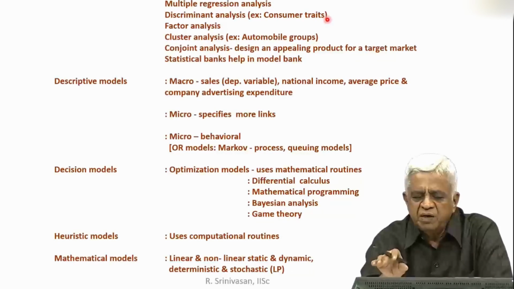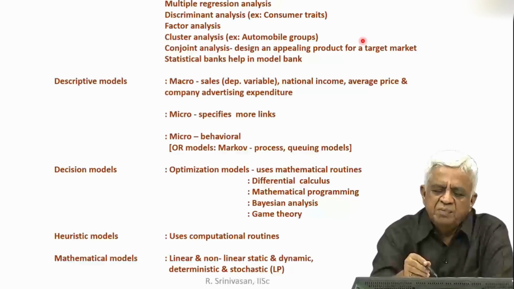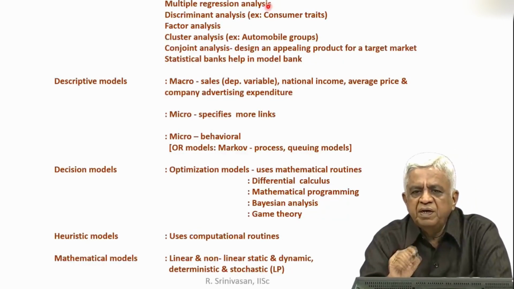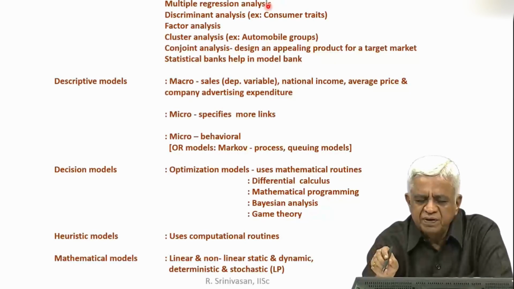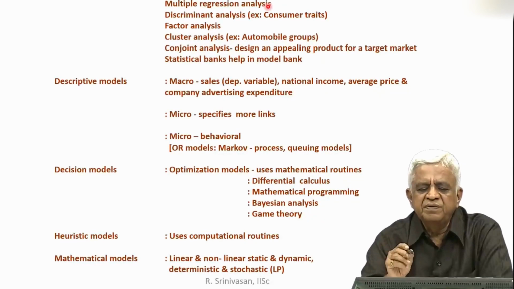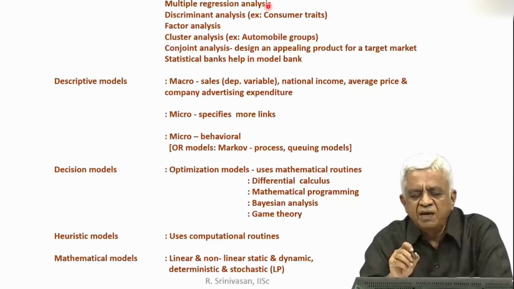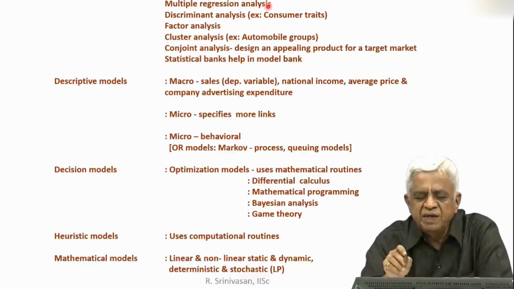So the market demand for a particular product will be the dependent variable. It depends on so many independent variables like the price, the place, then the different characteristics of the product, then the disposable personal income of the consumer, all those types of things.